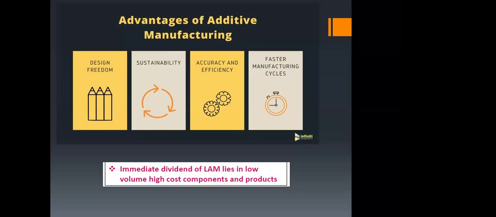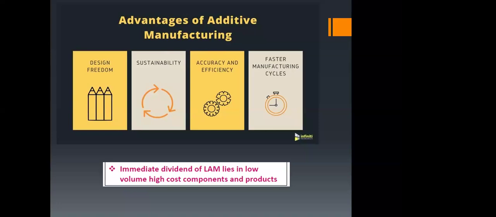There are various process variations in additive manufacturing, but they are not suitable for easily available parts or very simple parts. Those parts which have high value but are required in low volume or low quantity are suitable for additive manufacturing. As I mentioned, biomedical applications of additively manufactured parts are increasing day by day.